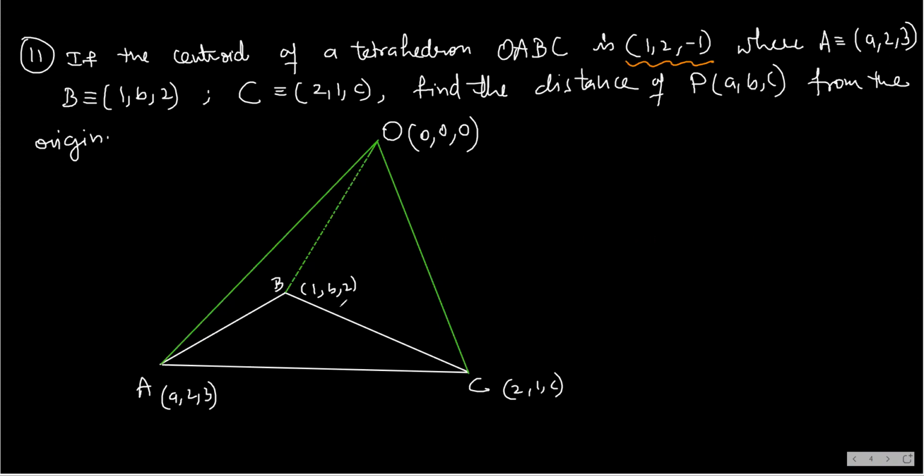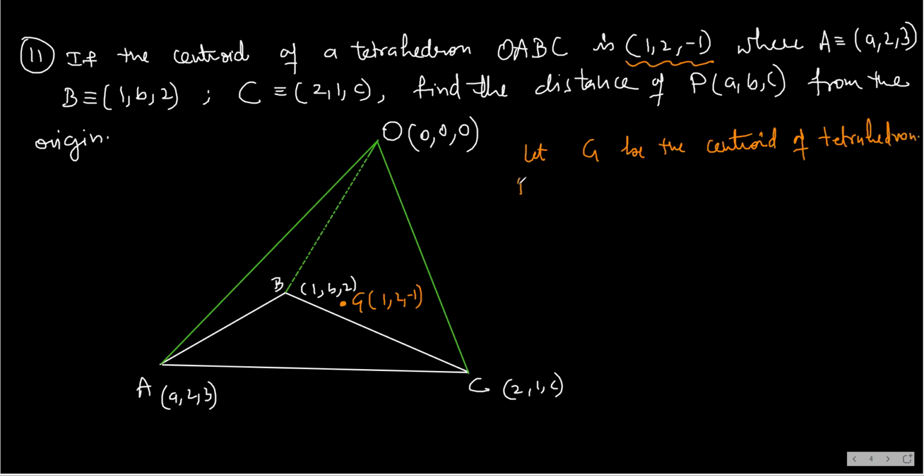So I write G (1, 2, -1). Let G be the centroid of the tetrahedron.